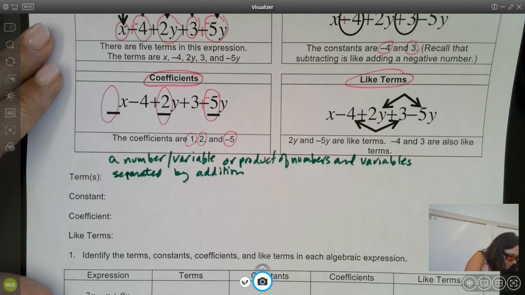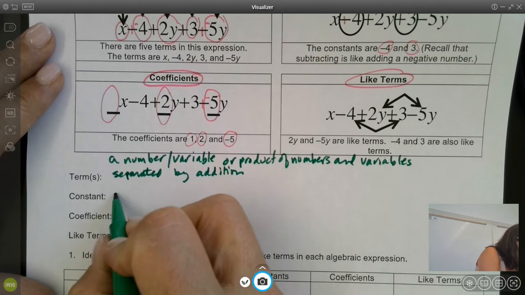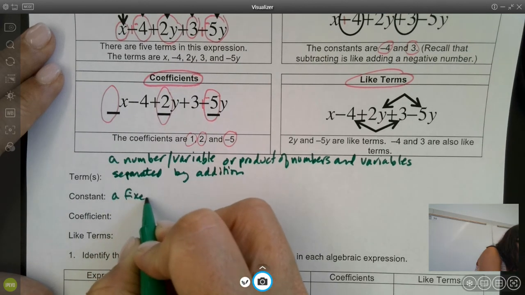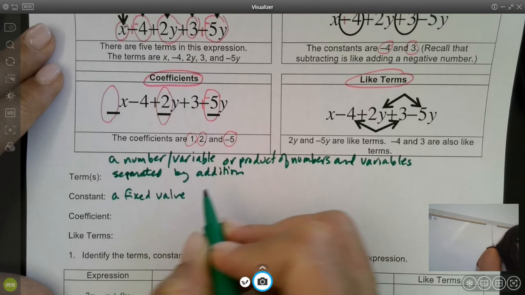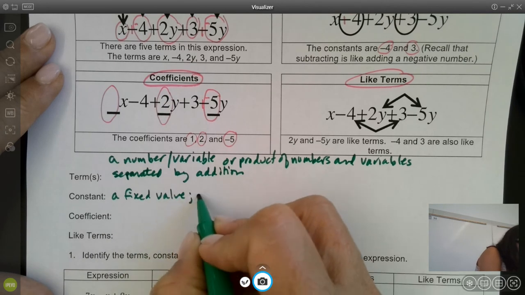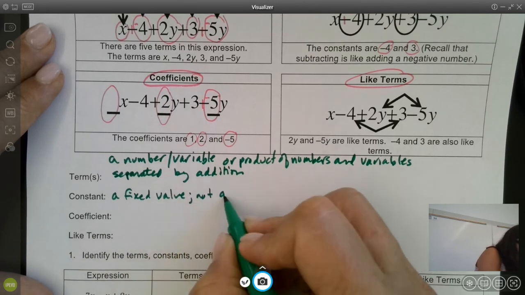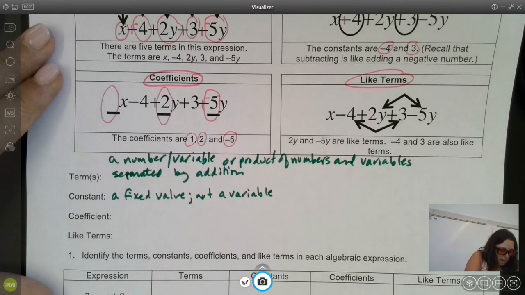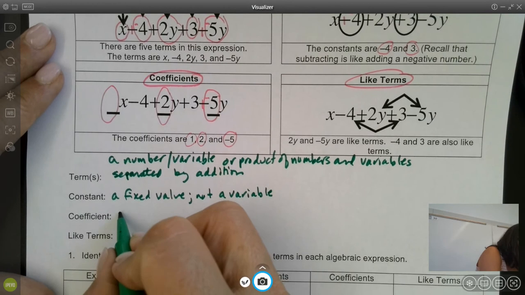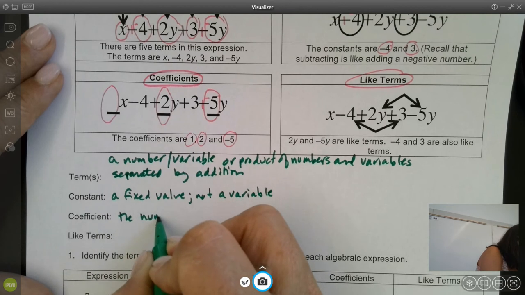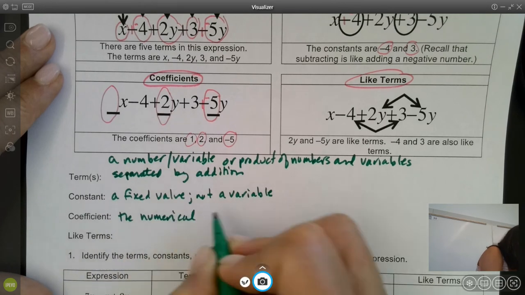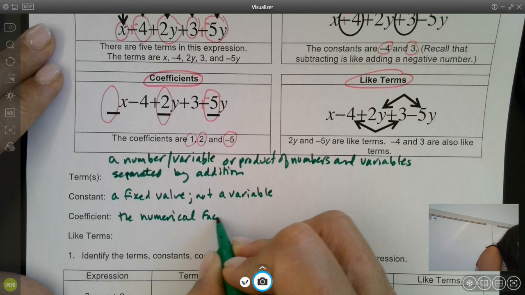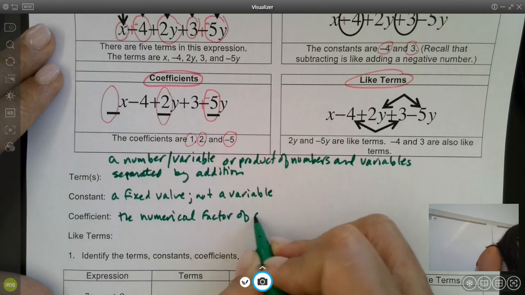The definition for constant, a fixed value, not a variable. A coefficient, the numerical factor of a term.